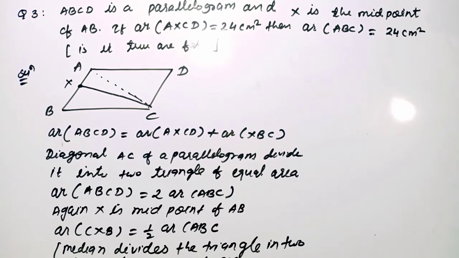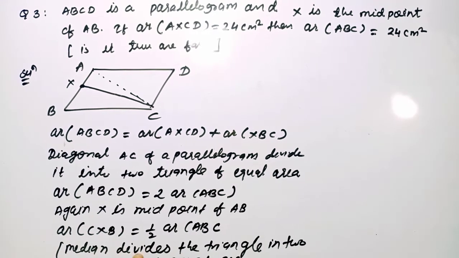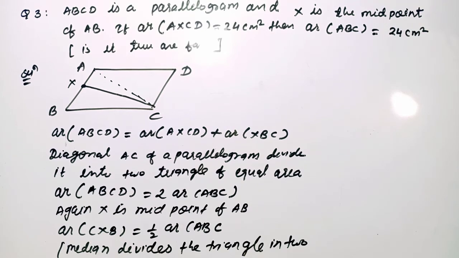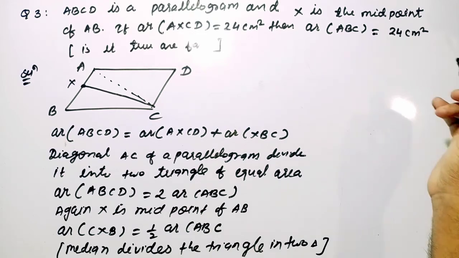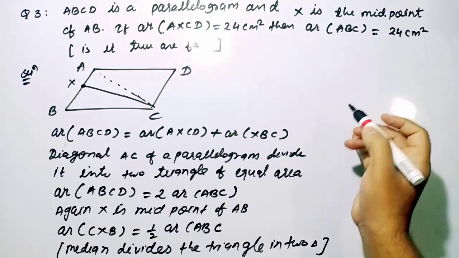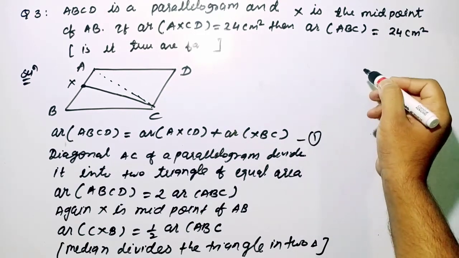Now we will substitute the values in the result. Area of ABCD is equal to area of AXCD plus area of XBC.